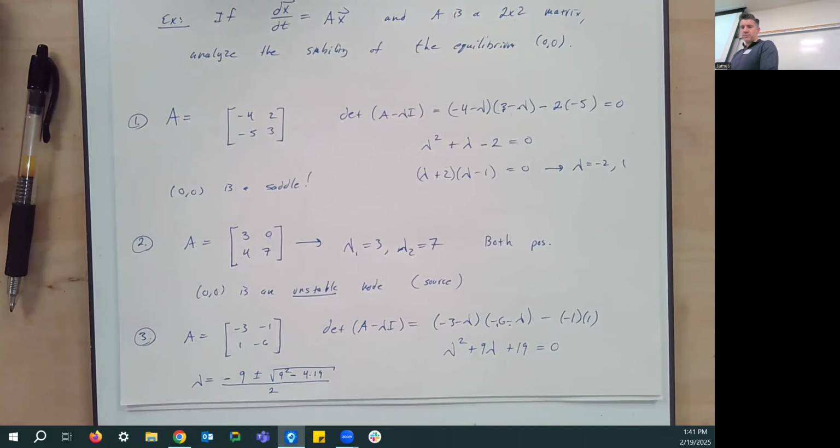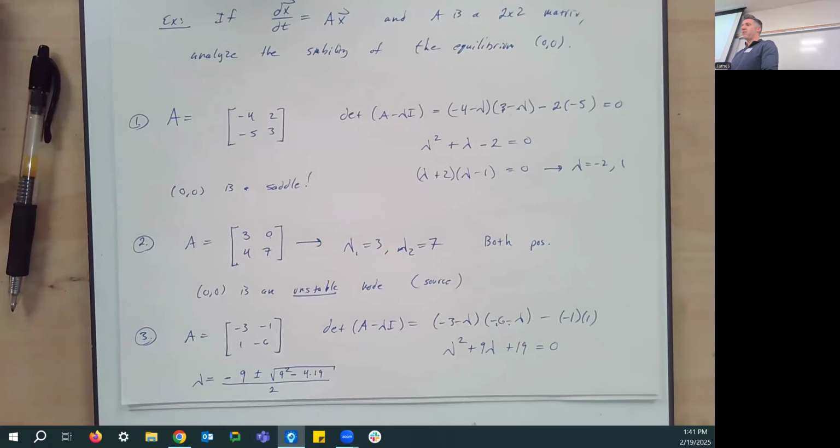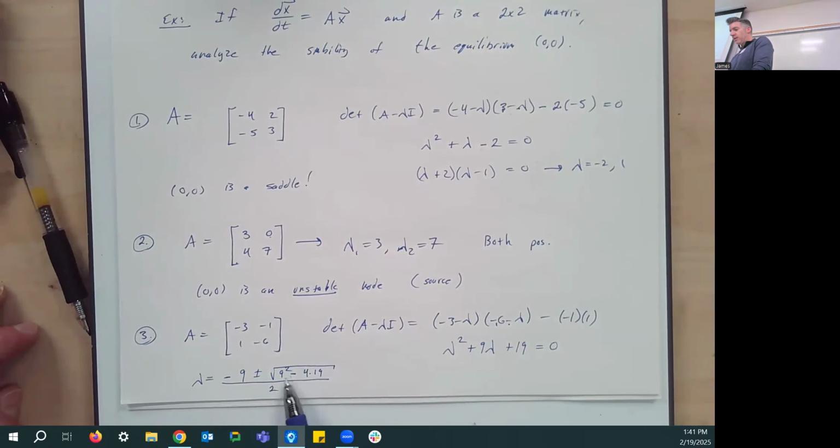So here's the question. Are these eigenvalues both negative or one of each? I didn't even say both positive because we know they can't be both positive because you got a -9 over here. So certainly -9 minus this is still negative. -9 plus this, well, it depends on how big this is.